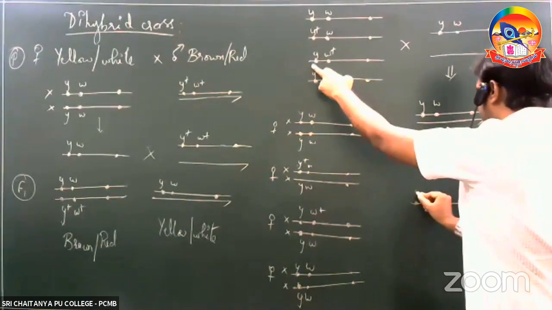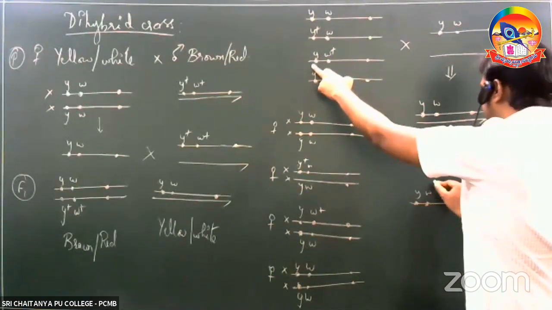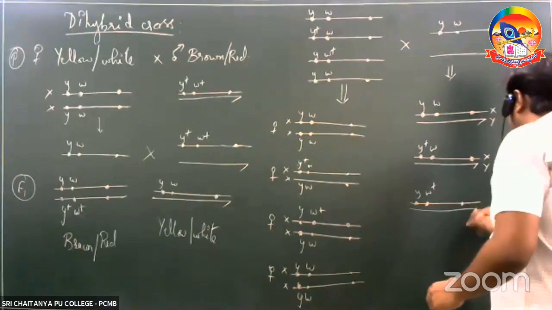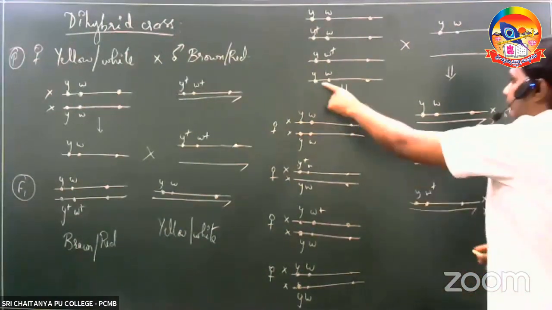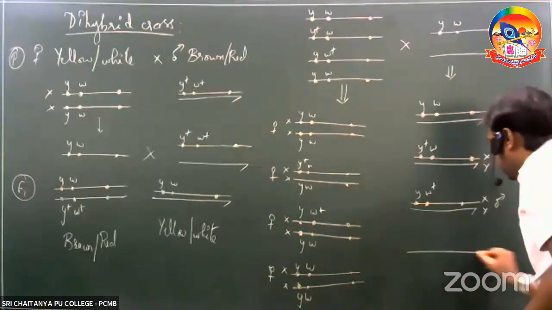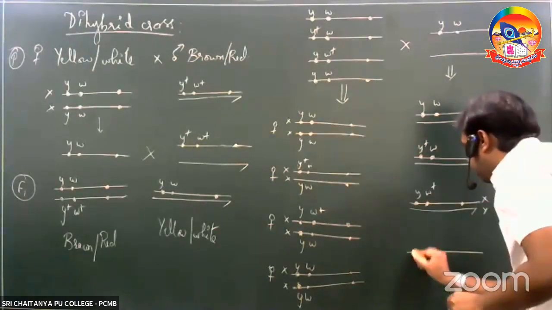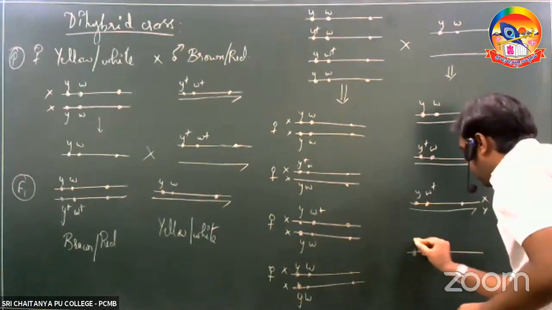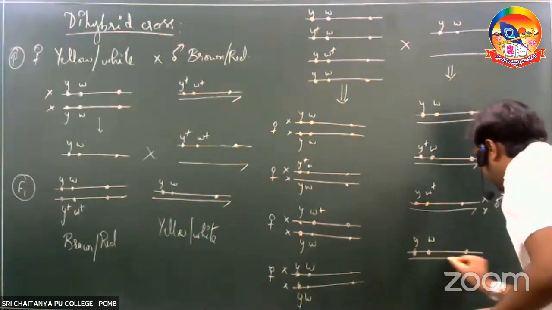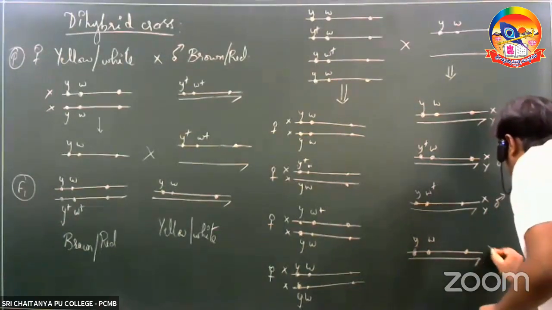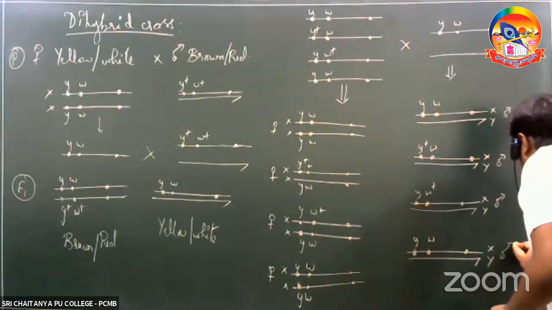So the genotypes would be Y, W plus and a male gamete, so X and Y chromosomes, male individuals. And the last one here would be X chromosome of the female gamete, where it is Y and W, fusing with the Y chromosome of the male gamete. So this also is a male.